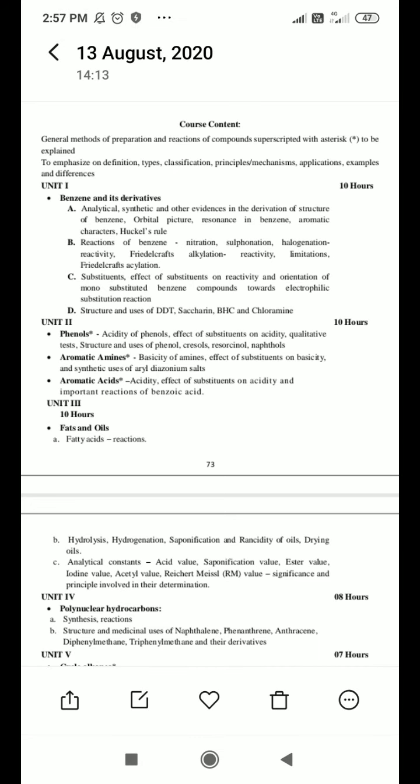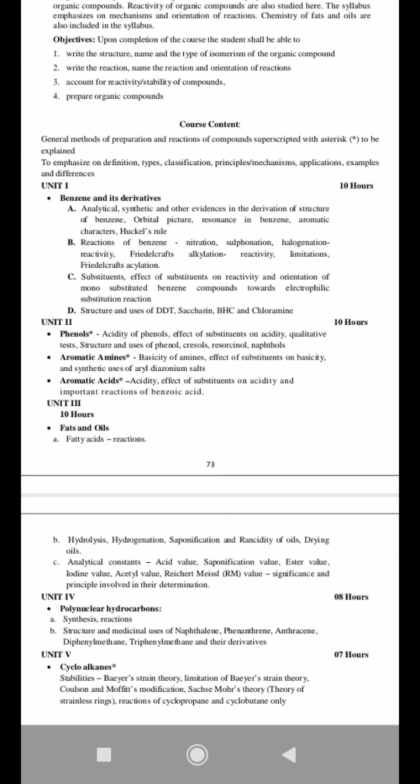Then the next one is aromatic acids. What are the different aromatic acids? If an acid group is attached to benzene, it is an aromatic acid.